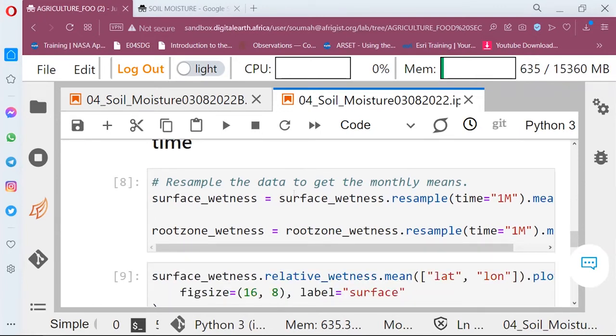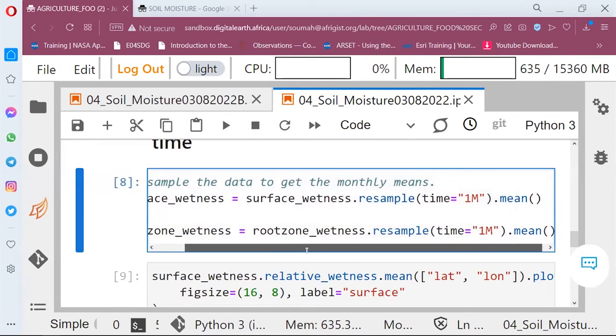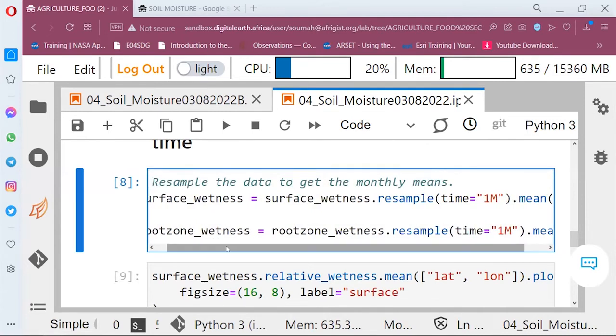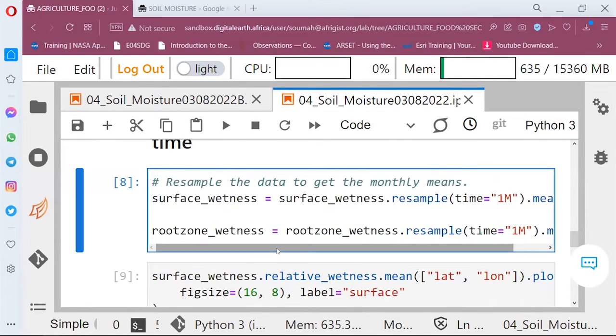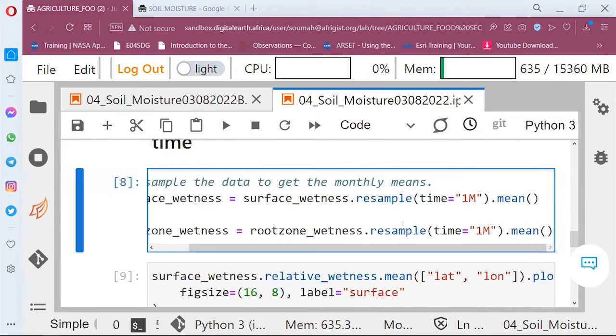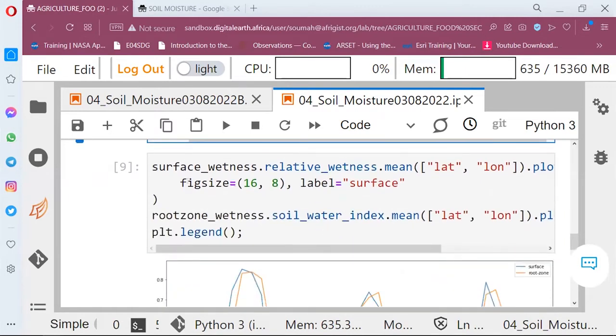We are going now to resample the data to get the monthly mean. We define surface wetness equal to surface wetness, resampled by monthly time, taking the mean. And we do the same for the root zone: we define the root zone wetness, resampling by month, and for each month we take the mean. It is executed.